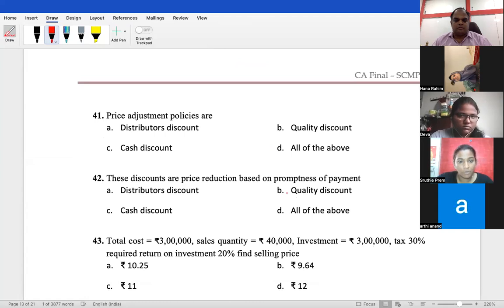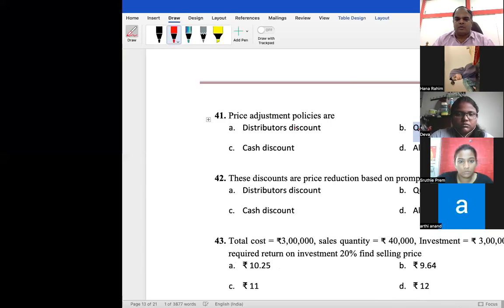Price adjustment policies are distributors discount, quantity discount, cash discount, all of the above. Quantity, not quality. Kindly make a correction: quantity discount.